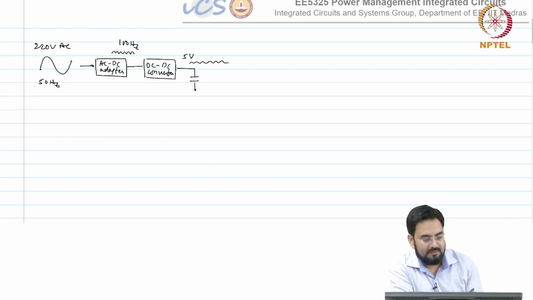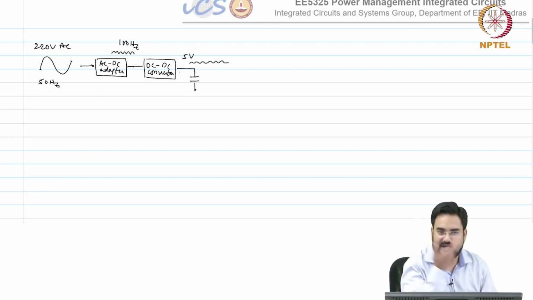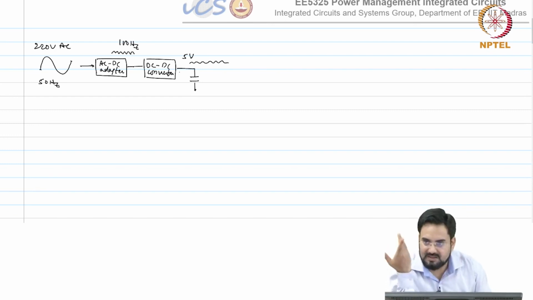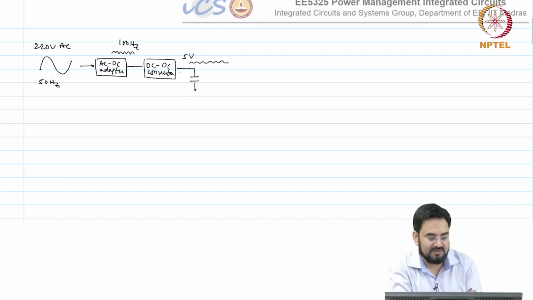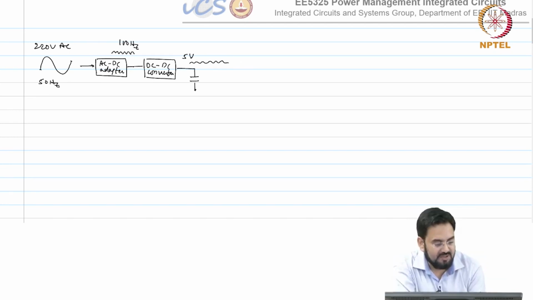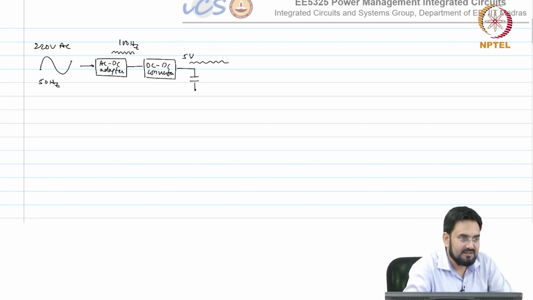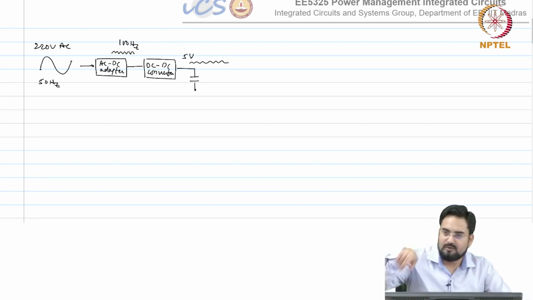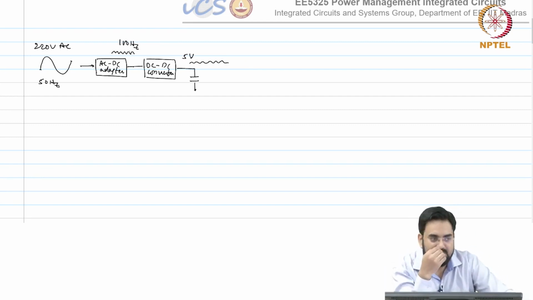But this DC-DC is switching at a much higher frequency, maybe 1 megahertz or 500 kilohertz, so it will have a higher frequency ripple. It may have some portion of this 100 hertz component also, but it is a very low frequency, your loop can track. But when you have a high frequency ripple, your loop will not respond to that, and that will start appearing at your output.